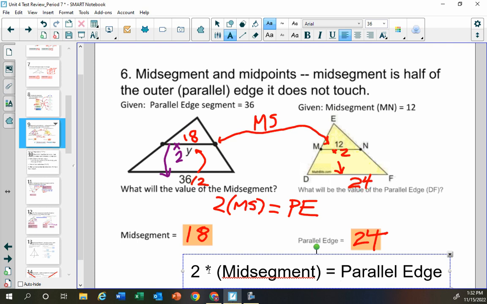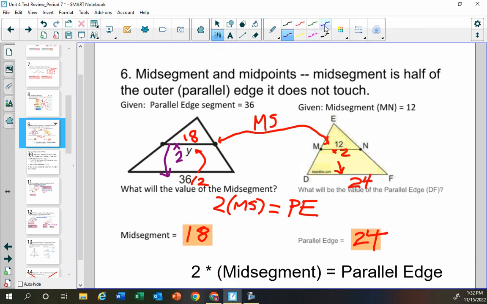If you use this formula, you will get it right. But you need to identify, because some of us are still struggling with identifying who's the mid-segment, who's the parallel edge. Remember, the edge is going to be on the outside. Mid-segment should be inside, in the middle.